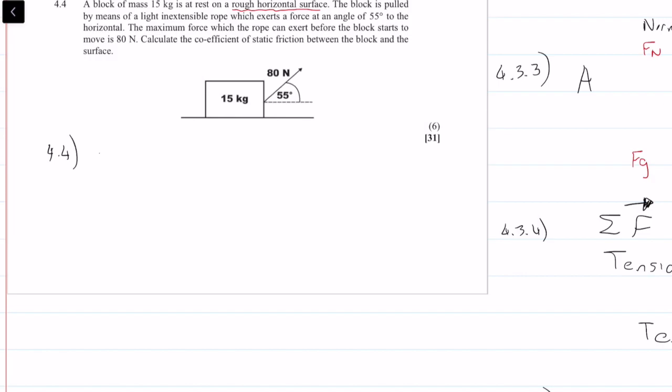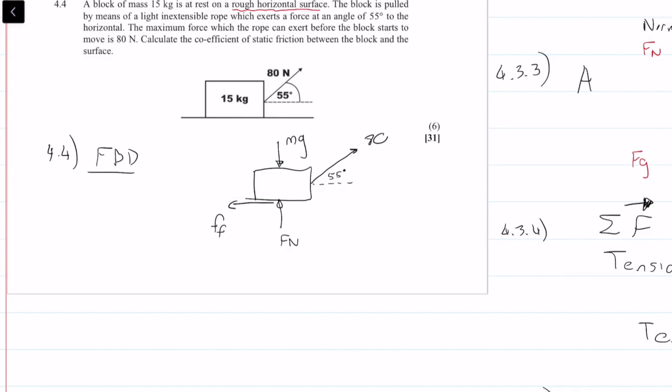Always start with a free body diagram of the system. So we have our 80 newtons, we've got 55 degrees, we've got force normal, we have mg, we've got force friction.